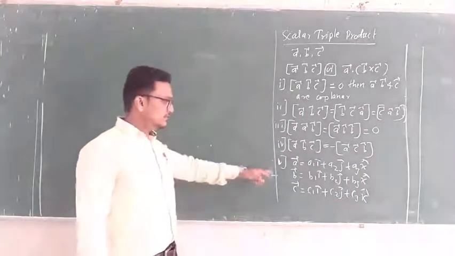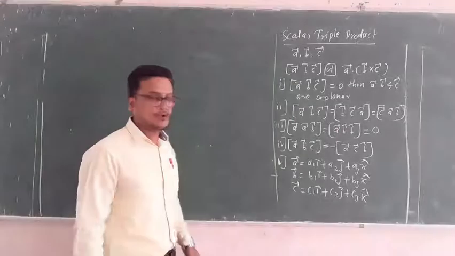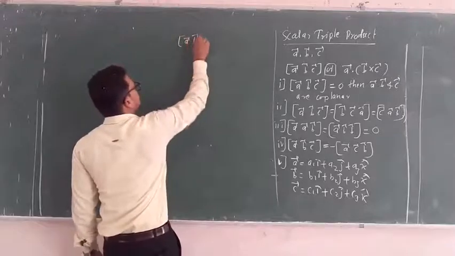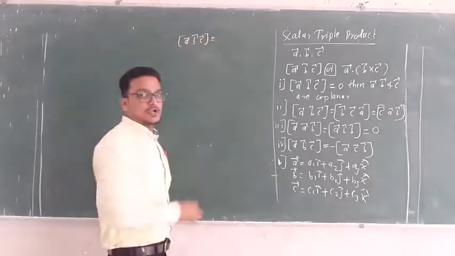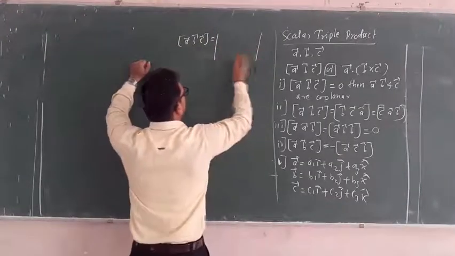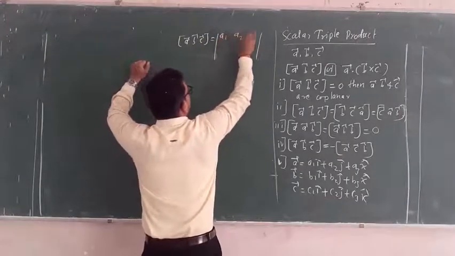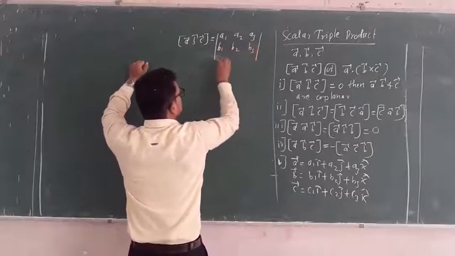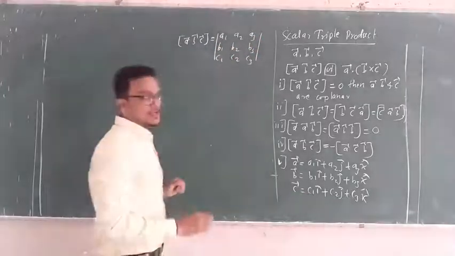If the vectors are given in component form, then the scalar triple product of A, B, C, or A dot B cross C, is given by the determinant of A1, A2, A3, B1, B2, B3, C1, C2, C3.